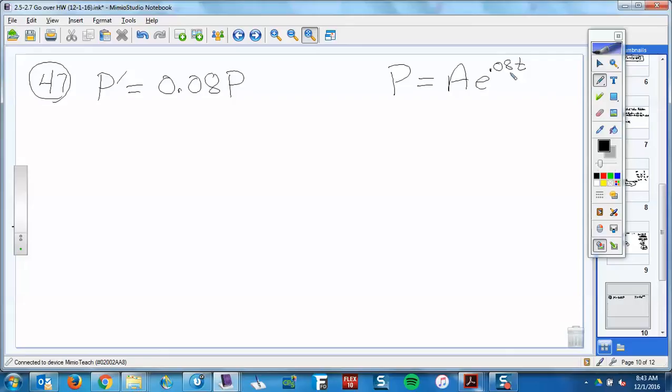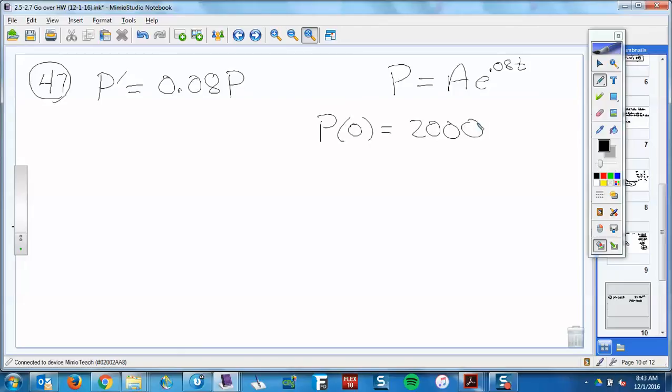Now, if $2,000 is deposited now, how much will it be worth in 10 years? Will's next question to me was, is the 2,000 just the A? Well, yes, but I'd rather you think of it this way, because I might ask it in a different way. I might say, what if the 2,000 is how much is there in year 2?